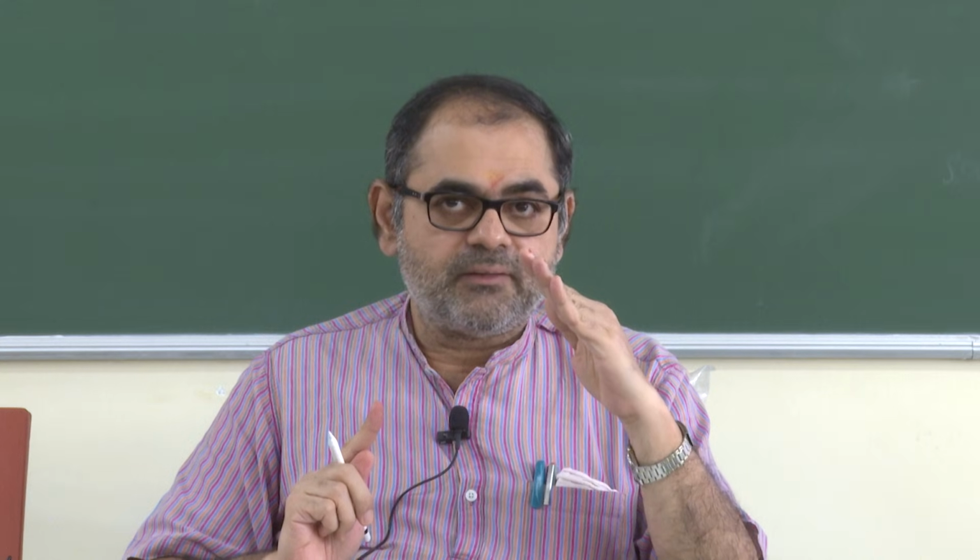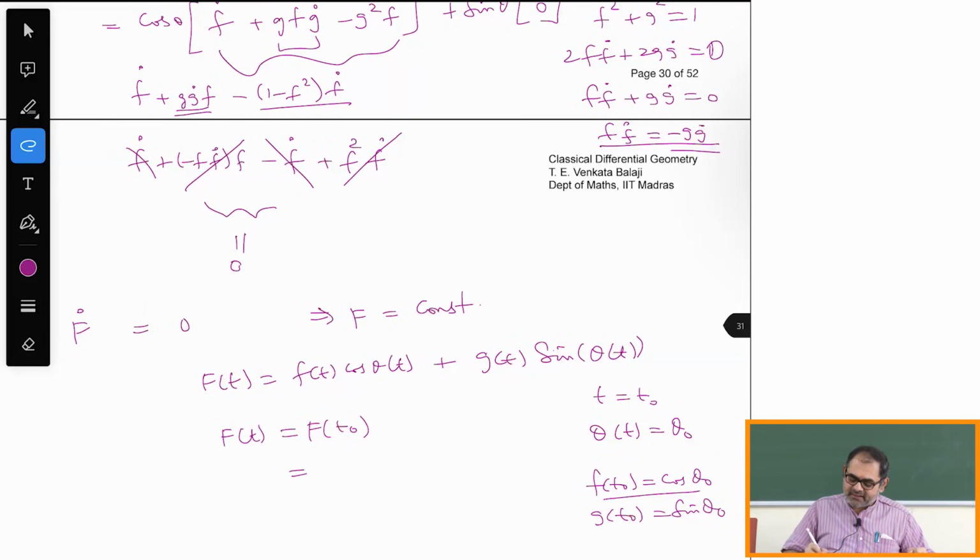If you want to write a unit vector as cos alpha, sin alpha, that has got no calculus involved. Basically it's just trigonometry. This is just writing f and g at t naught as a unit vector as cos of something and sin of something, for a fixed value of t naught.